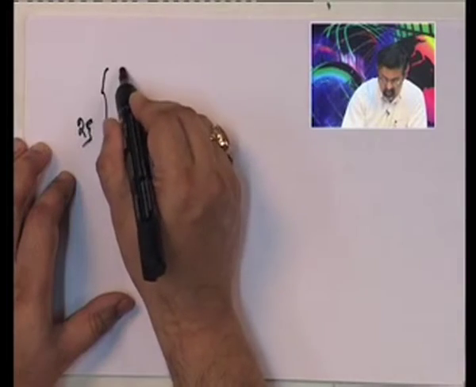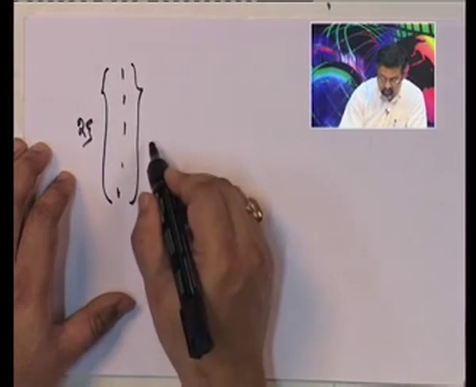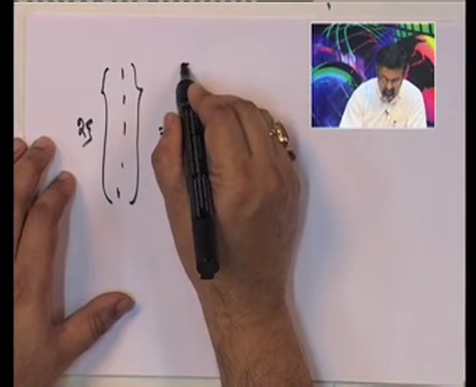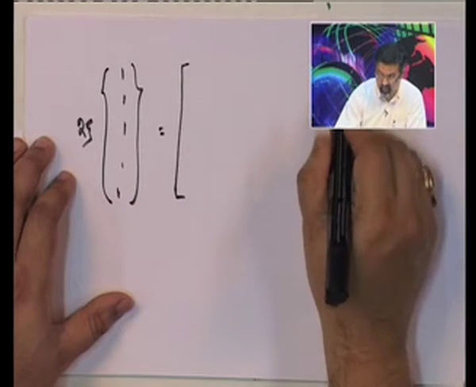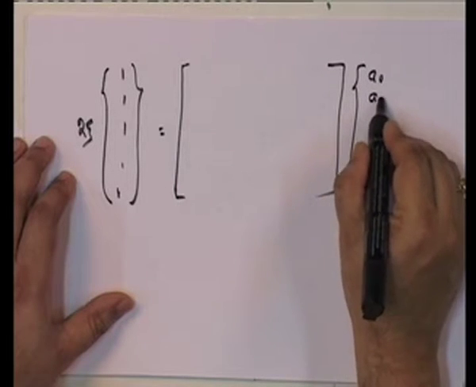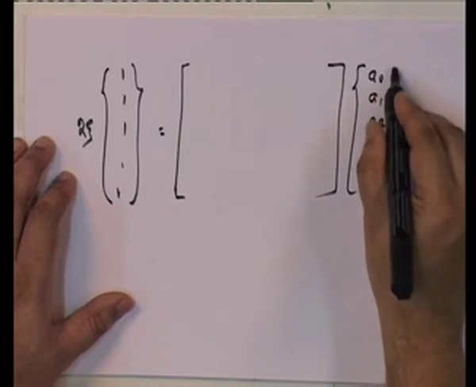I get the following, and I am going to take the omega n this way, so that I get it equal to the following: 2 xi 1 up to xi n modes is equal to, let us see, A0, A1, A2 all the way up to A n minus 1.